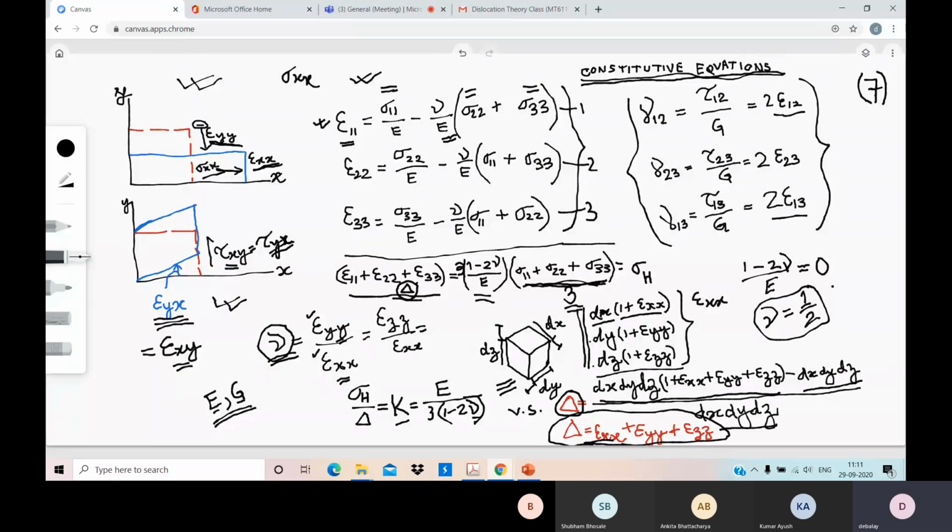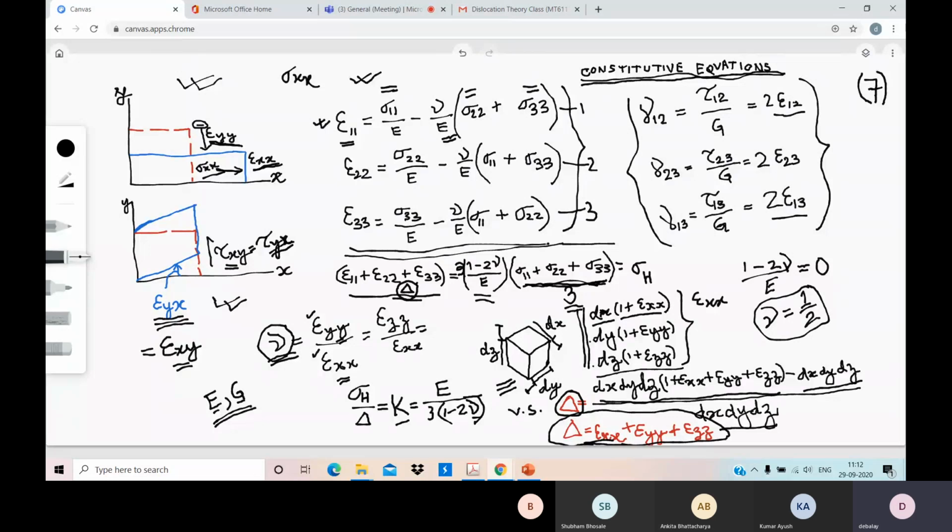So when plastic deformation happens to a tensile specimen, the epsilon YY or epsilon ZZ that you get is basically half of the amount of longitudinal strain that the specimen is elongating. So remember, under plastic deformation condition, nu equal to half, and similar expressions hold.